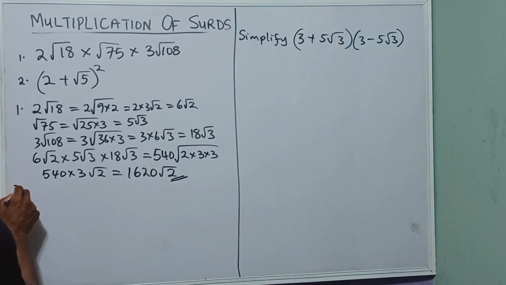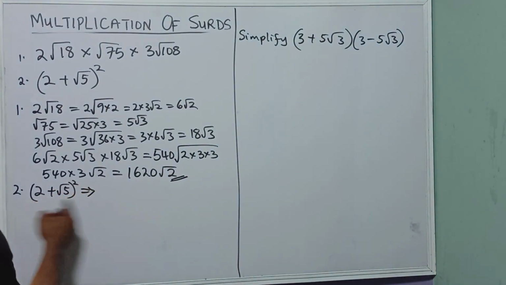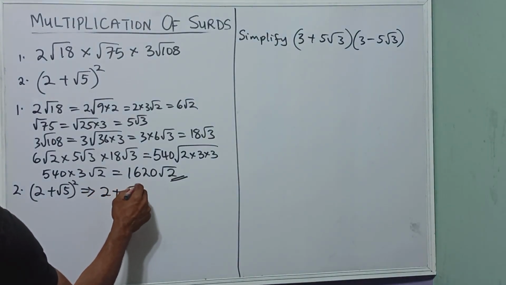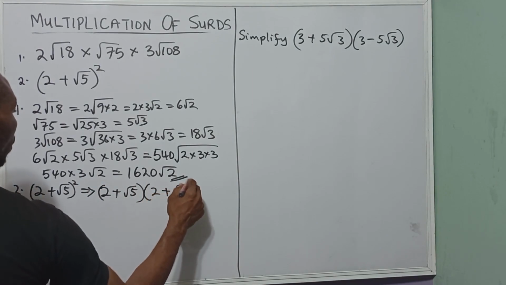And the next one we have is 2 plus root 5 all squared. So when we expand, we have 2 plus root 5 times 2 plus root 5.